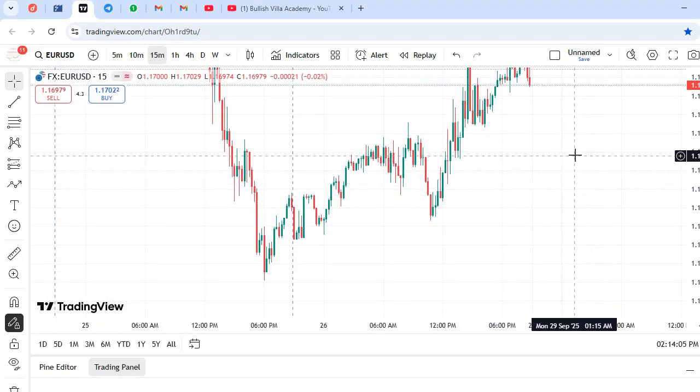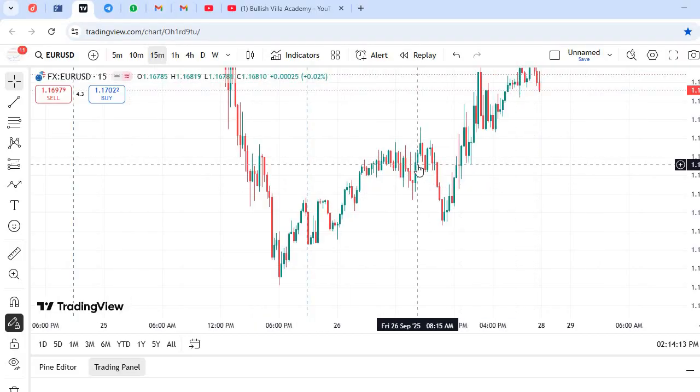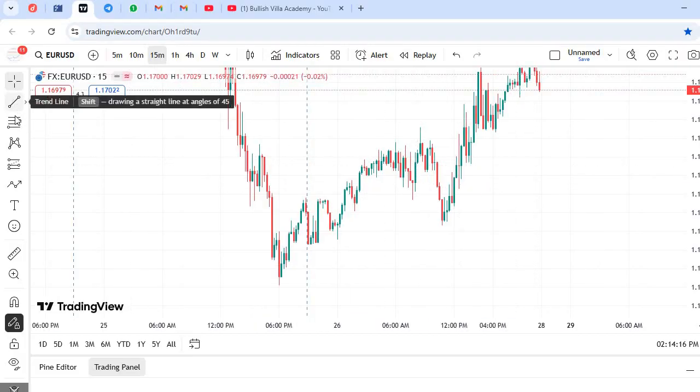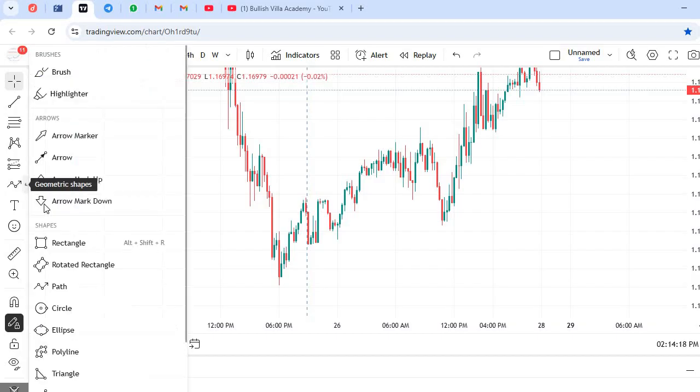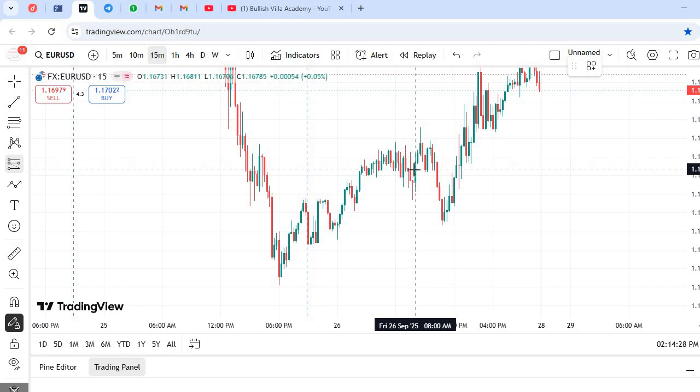I don't know where my sell has gone to. So I took a sell on the trade on Friday. I think around this place. I took a sell around this place.